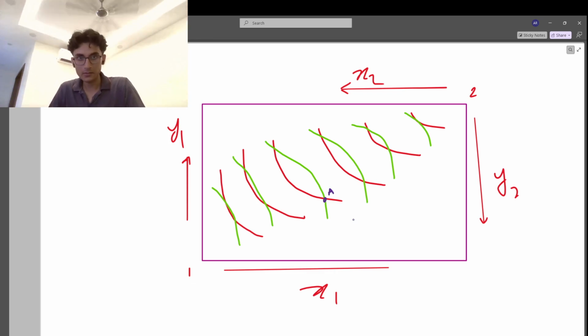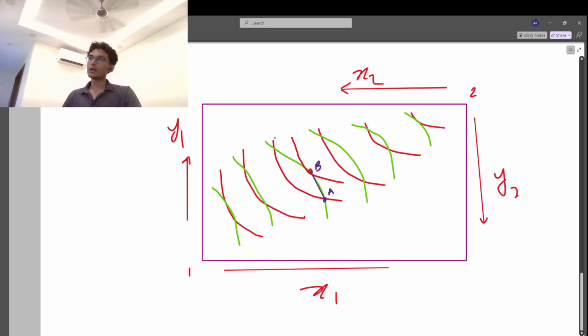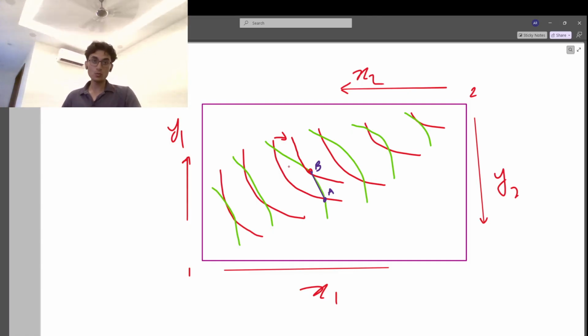Is A a Pareto optimal point? No, A is not a Pareto optimal point because we can move to a point here, let's say we move to a point B. We can make individual one better off, individual one goes to a higher IC, and we are not making individual two worse off.